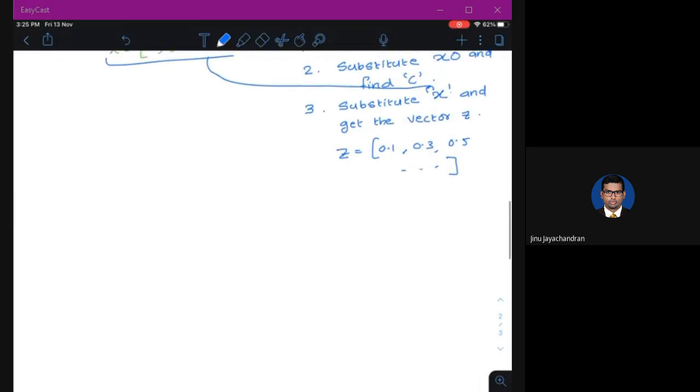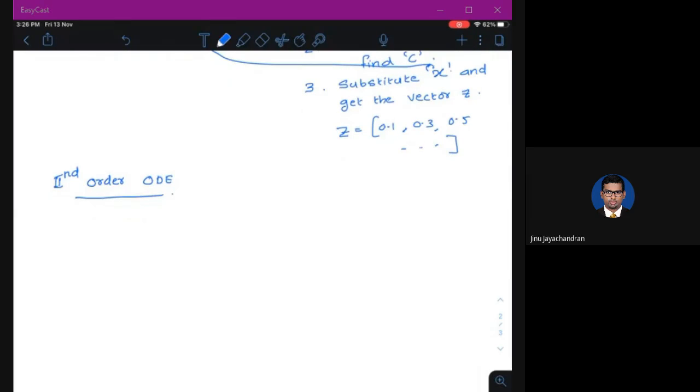So what is a second order differential equation? First degree, second order. So this is a second order ordinary differential equation. In a second order differential equation, you will have a second order differentiation, plus you can have a first order differentiation, you can or you cannot have, and then you can have a constant or a variable.